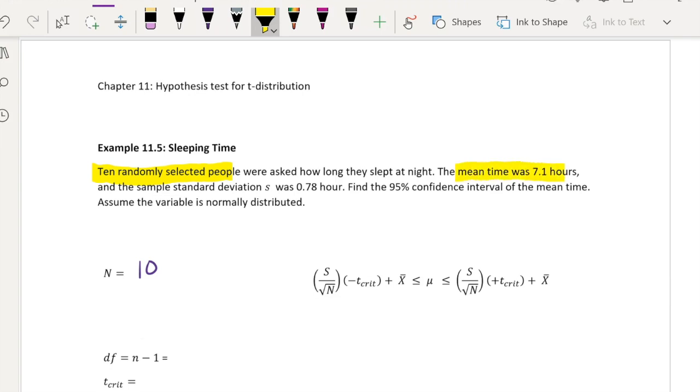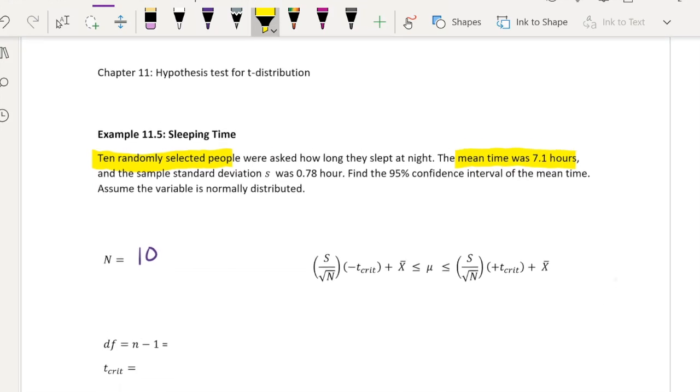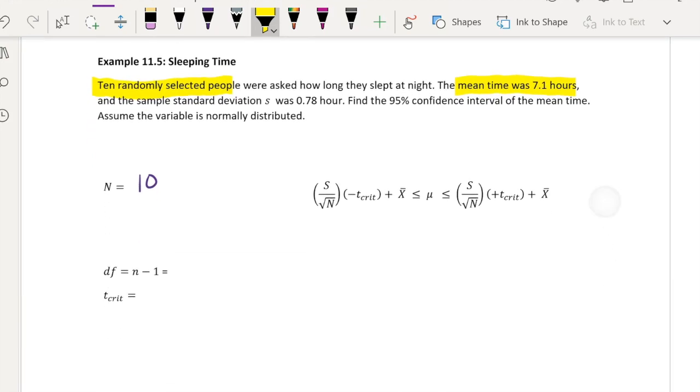The mean time was 7.1. So here you need to ask yourself, is this the sample mean or is this the population mean? And it's actually from the sample. Remember, for this type of problem, we don't know what mu is. That's actually the question. What is mu? What we're doing with this whole problem is creating an interval around that mean.